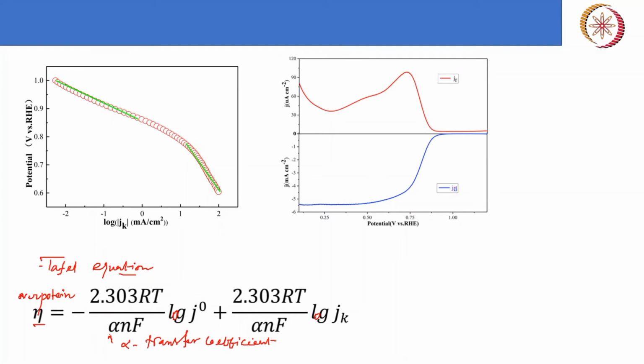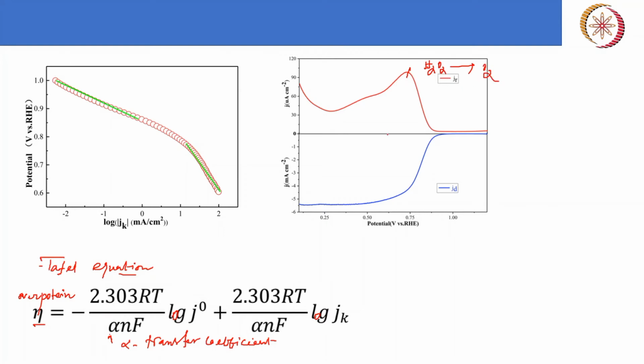This is the J_D, which is the disk current, and this is the ring current. Whatever I showed in the previous slide, you can fix the ring at the potential where hydrogen peroxide can oxidize to O2.